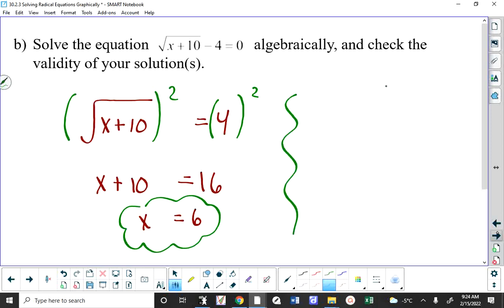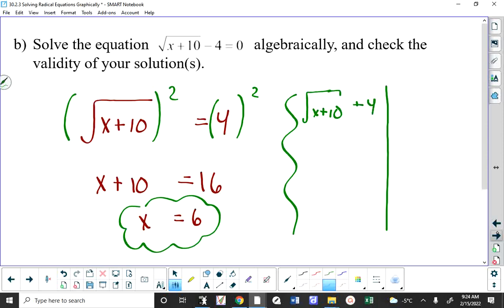So this will be something that we deal with a lot in trigonometry when you're checking the validity of something. What you want to do is leave the equal sign out. You don't want to have an equal sign there because we don't know if they're equal yet, although it's pretty obvious they are. Okay? And you write the left-hand side of the original equation, which is root x plus 10, then minus 4.